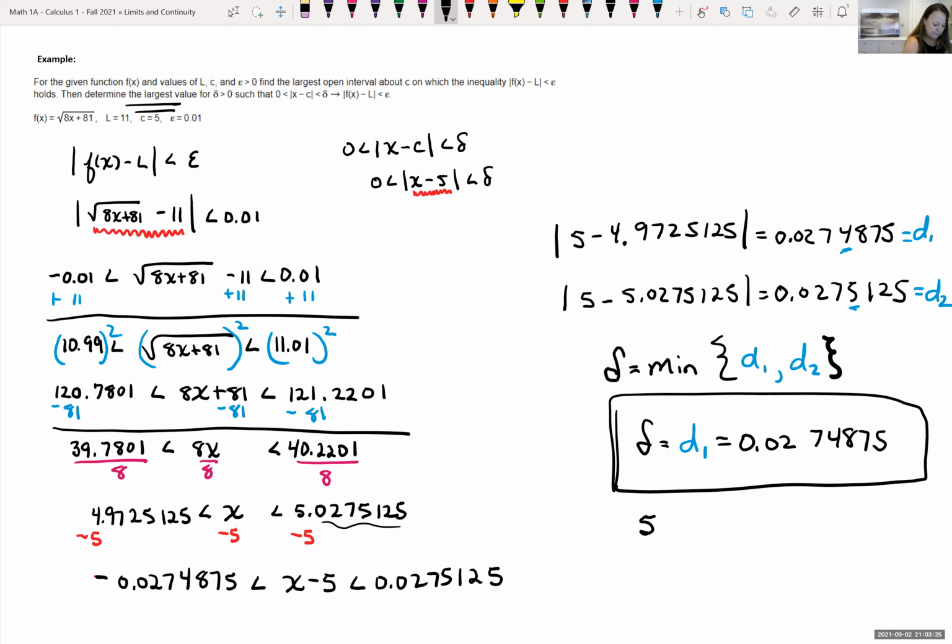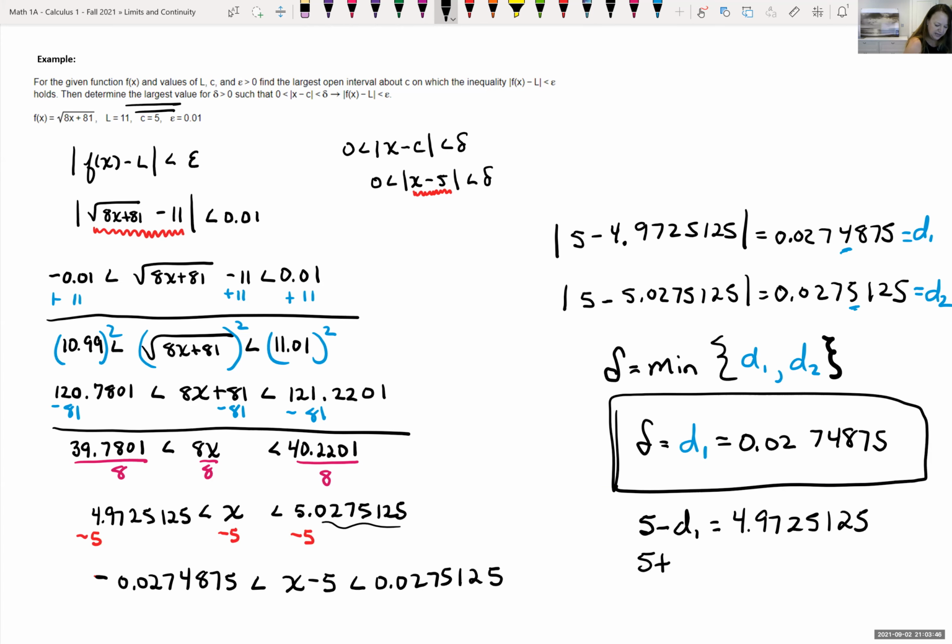So 5 minus the distance 1. Well, we already got that. That was the one right here. It's going to be 4.9725125.